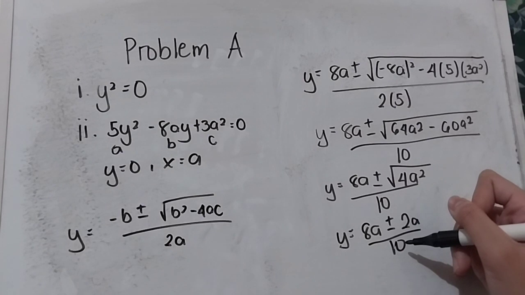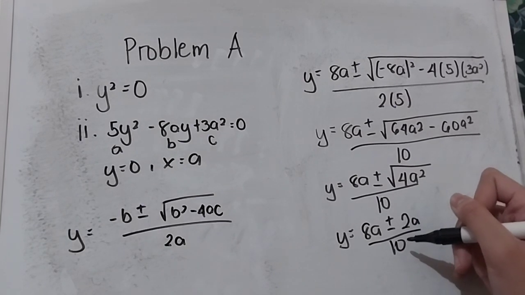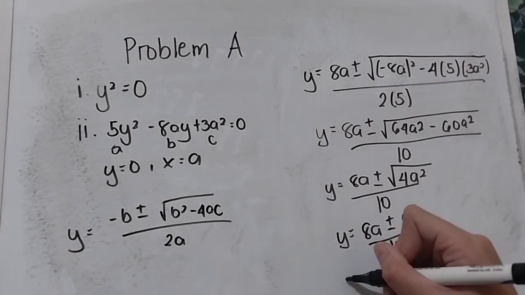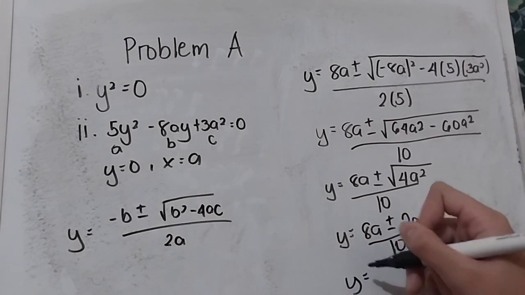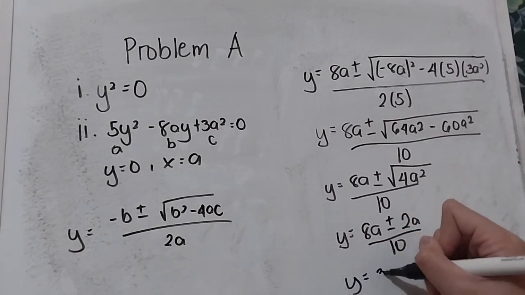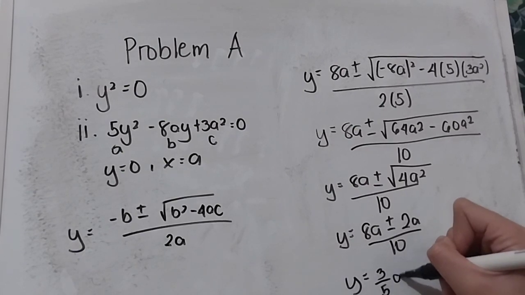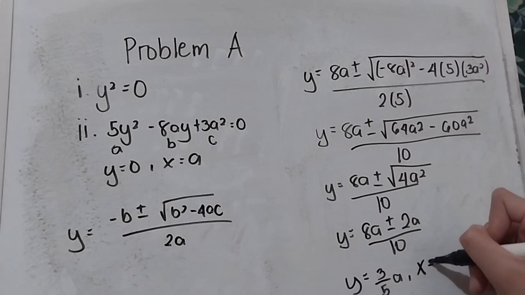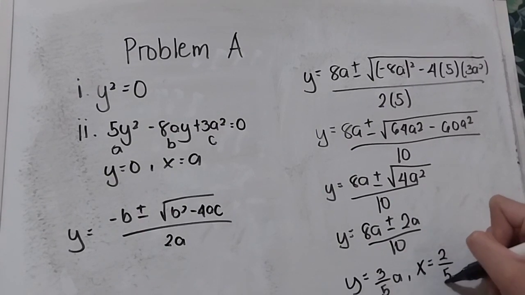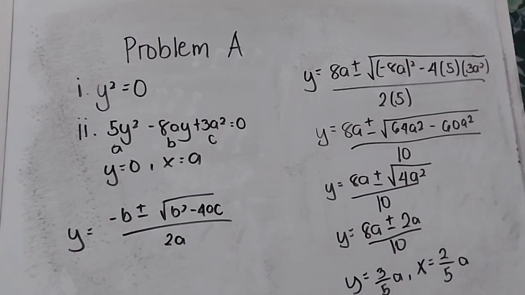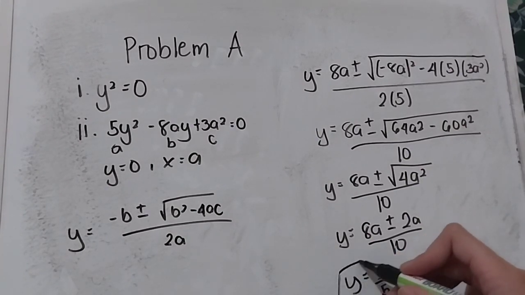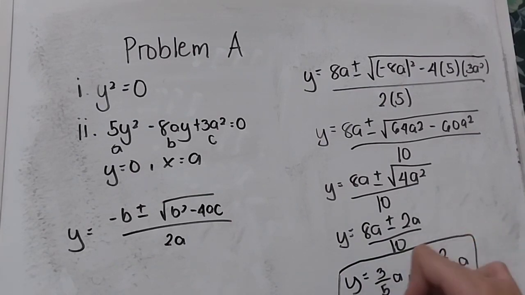Then our y will be y is equal to 3 over 5 a. Then our x will be 2 over 5 a. This will be our x and y.